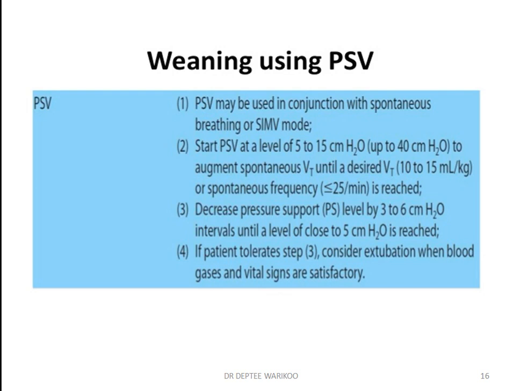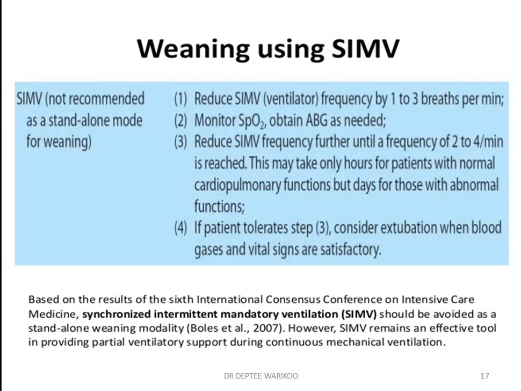Decrease pressure support gradually in intervals of 3 to 6 centimeters H2O. If the patient tolerates step 3, that is, you are decreasing the pressure support and he is maintaining it properly, consider extubation when blood gases and vital signs are satisfactory. Again I am repeating, if it is not satisfactory, weaning could be unsuccessful.